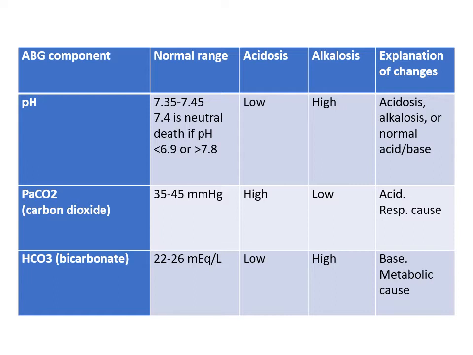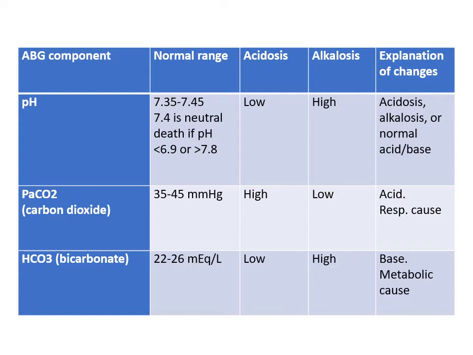Okay, what about bicarbonate? Well, that's one of your buffering systems, right? That's made by the kidneys. Normal range 22 to 26 in the bloodstream. If it's too low, it's because the acids in your bloodstream are consuming some of it to try and buffer the acidosis. So a low bicarbonate is telling you that the acids have been consuming your bicarbonate.